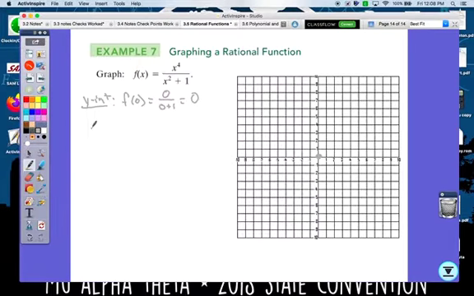Our x-intercept is going to be exactly the same thing because of that plugging in 0. Set 0 equal to x to the fourth. When you take the fourth root of both sides, you get x is equal to 0. For vertical asymptotes, you set the bottom equal to 0. But when you subtract the 1 over there and take the square root, you get imaginary, so you have no vertical asymptote.